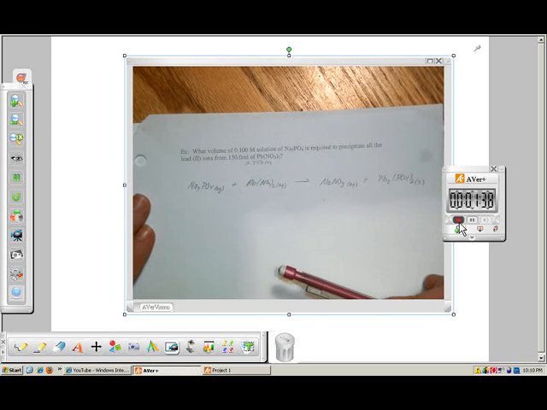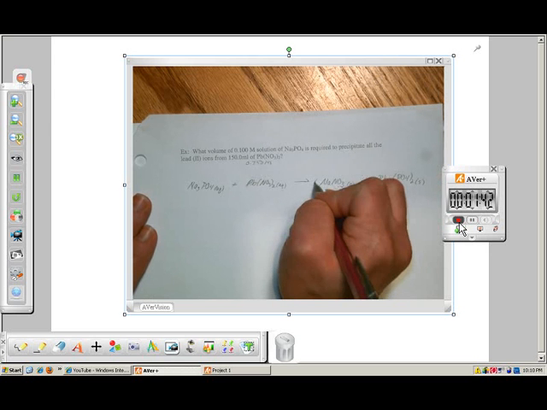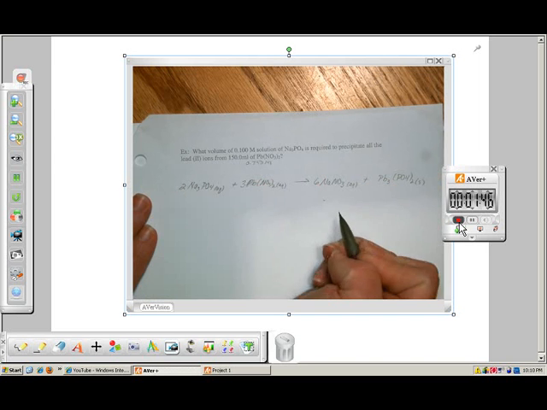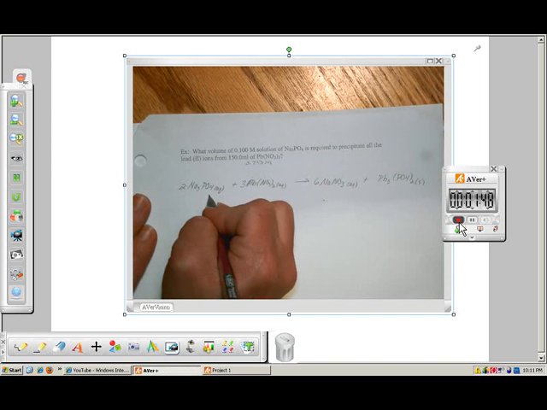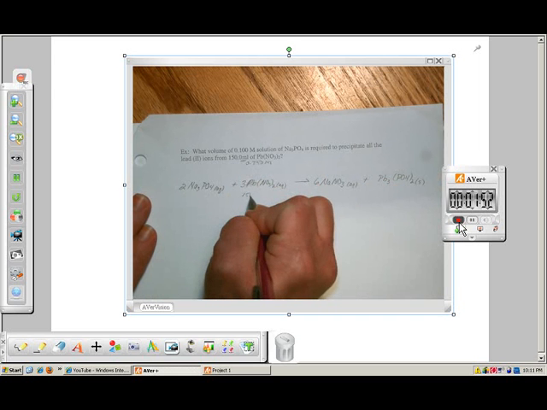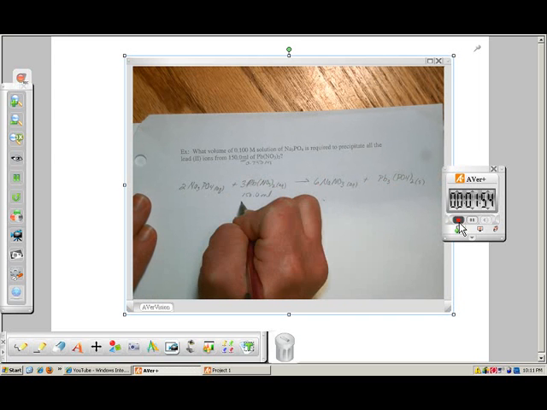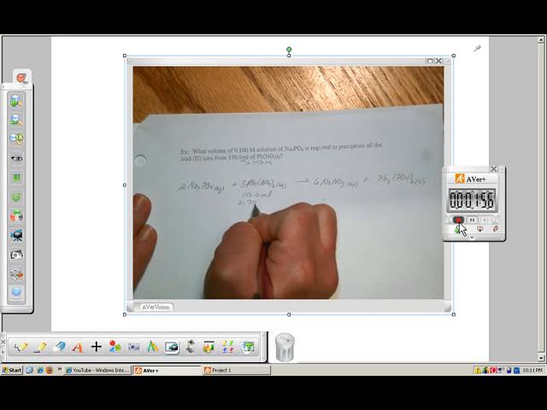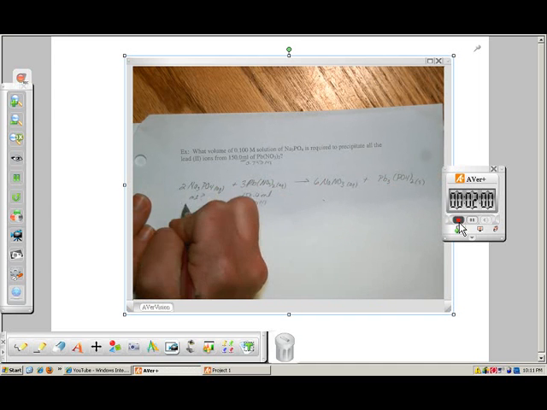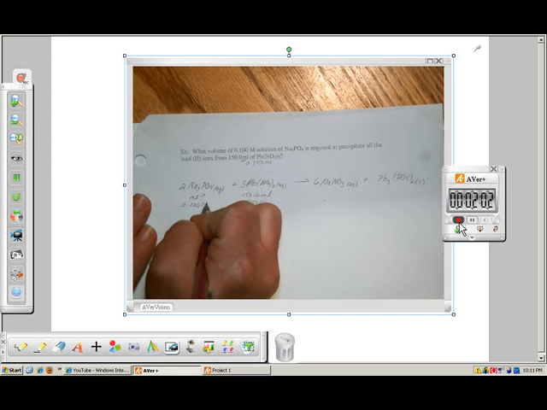Balancing this equation, we would need a 6, a 3, and a 2. The question is, what volume? Because we're given milliliters of the lead 2 nitrate solution, I would solve for milliliters of this solution, and it's 0.1 molar.